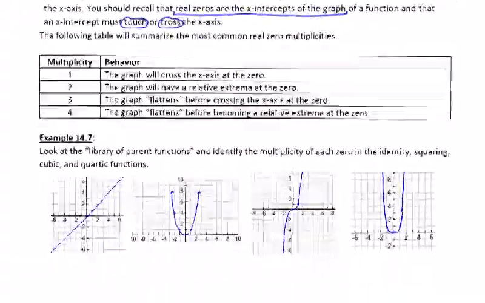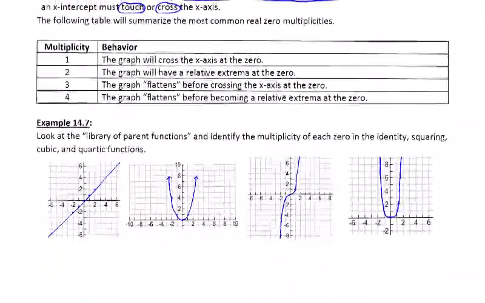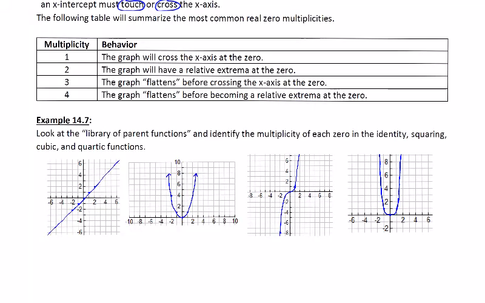So let's look specifically at the identity function. With the identity function, we are looking at the equation f of x equals x. And if I want to calculate the zeros for this, I would just say let f of x be equal to 0, in which case I would immediately get the answer x equals 0.